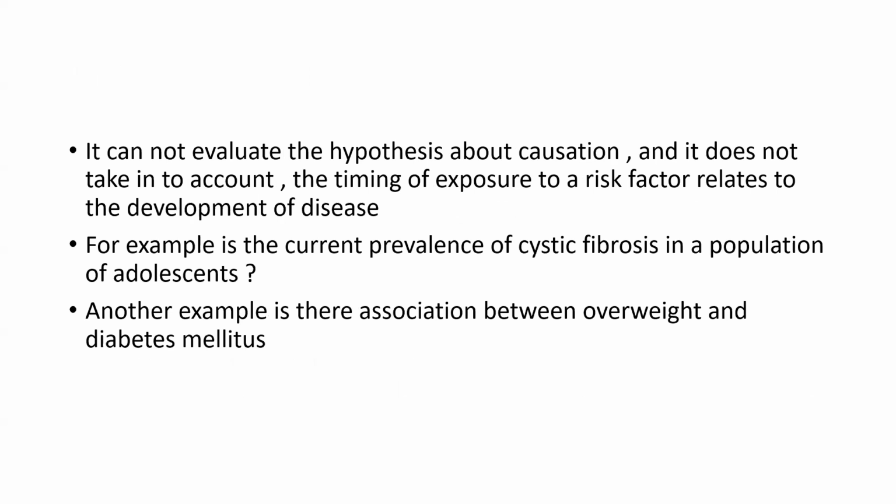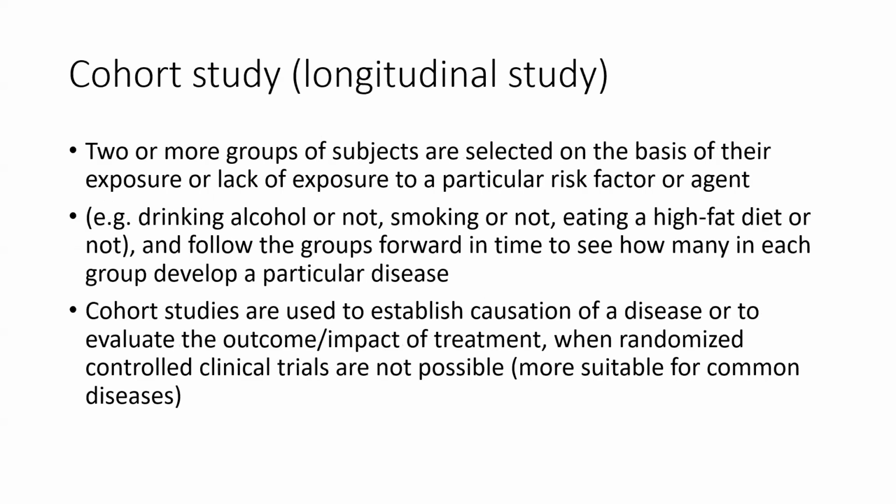It cannot evaluate hypotheses about causation, and it does not take into account the timing of exposure to a risk factor in relation to the development of the disease. For example, the current prevalence of cystic fibrosis in the population of adolescents. Another example is the association between overweight and diabetes mellitus.